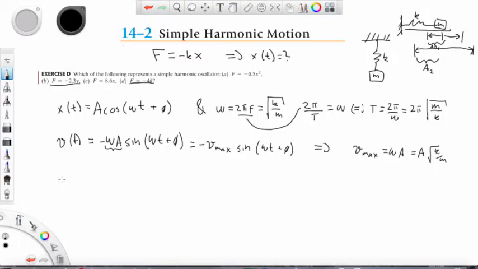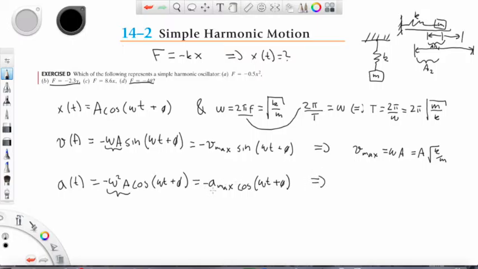Then acceleration is in turn the time derivative of velocity, so we will get minus omega squared times A cosine omega t plus phi, which equals minus A max, in the same fashion, pick up the amplitude from here, times cosine omega t plus phi.